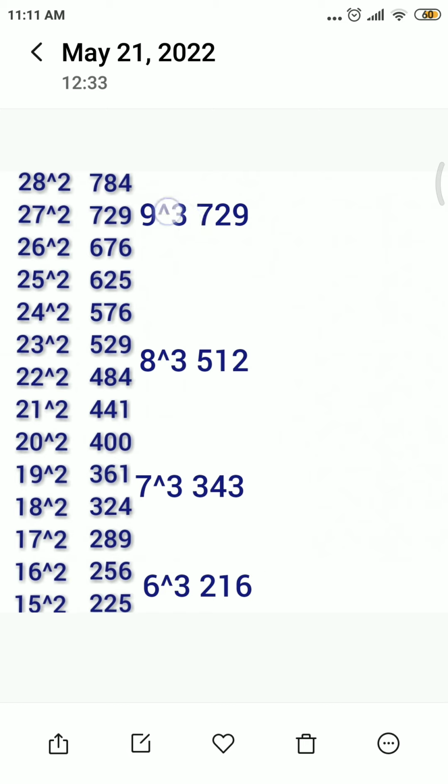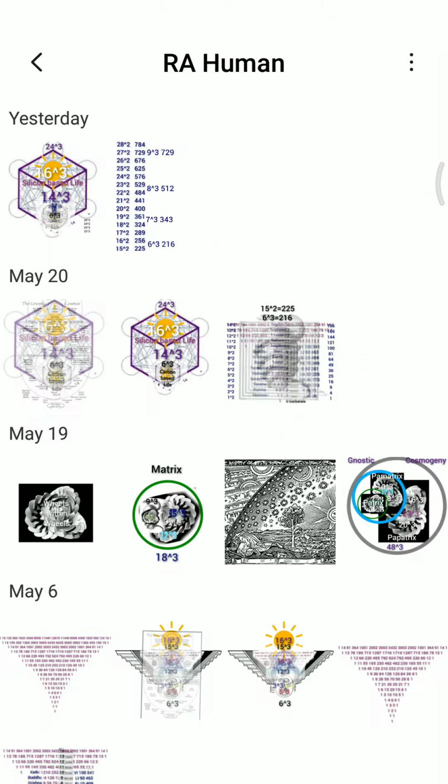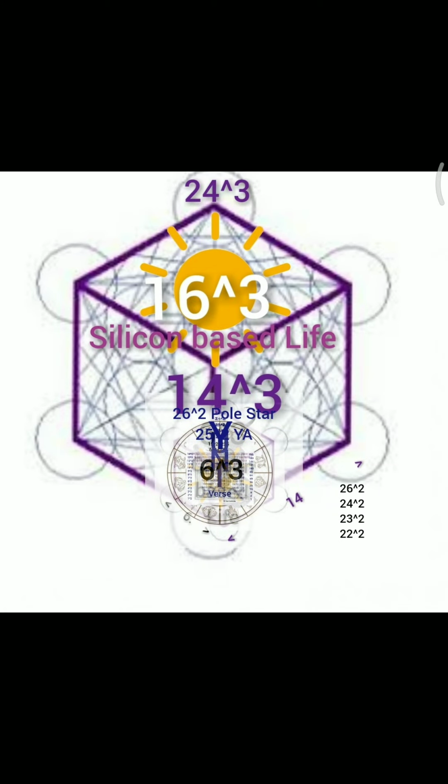Till 9 cube, there are 26 squares. So how does it physically apply to us? Let us see.